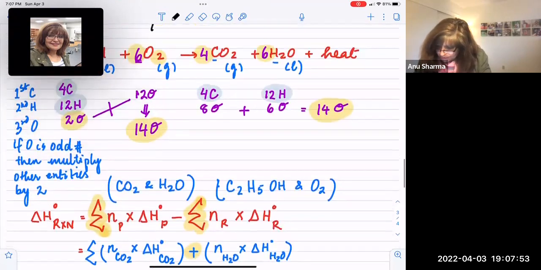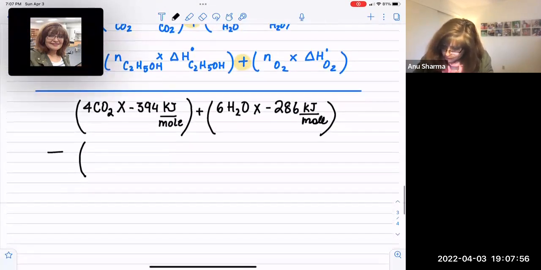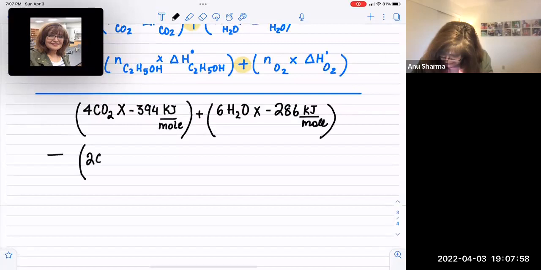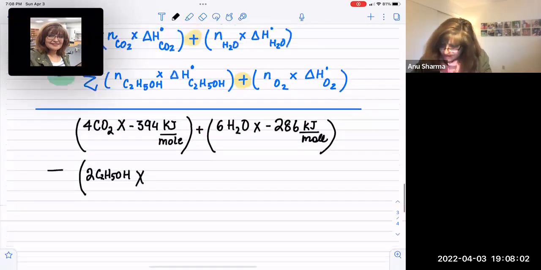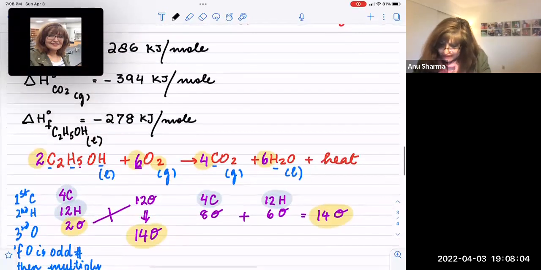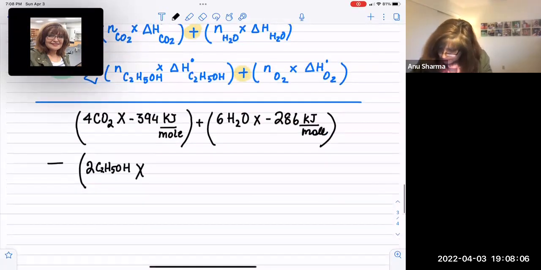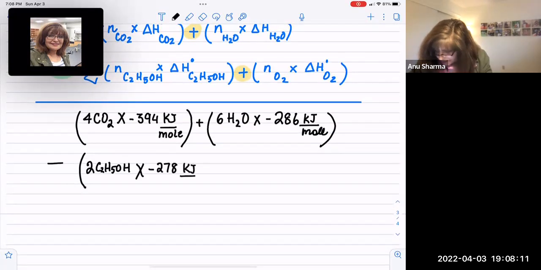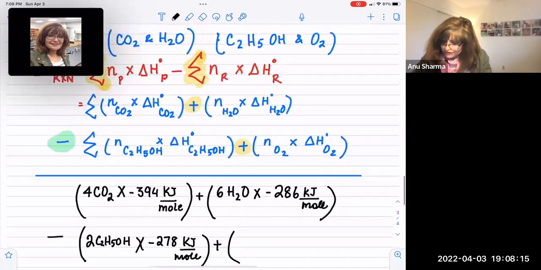The number of moles of C2H5OH is 2. So 2 C2H5OH, that's ethanol, times the value of ethanol given, which is negative 278 kilojoules per mole. Okay, plus the number of moles of oxygen.